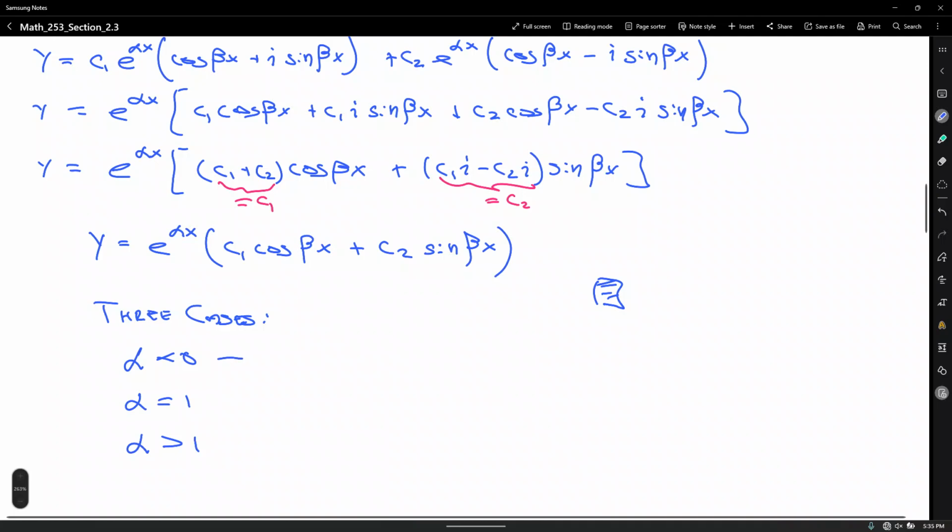So what's going to happen here? If alpha is negative, it's a negative coefficient, so we have an exponential with a negative exponent, which gives us a decreasing function. Decreasing, or we call it underdamped.